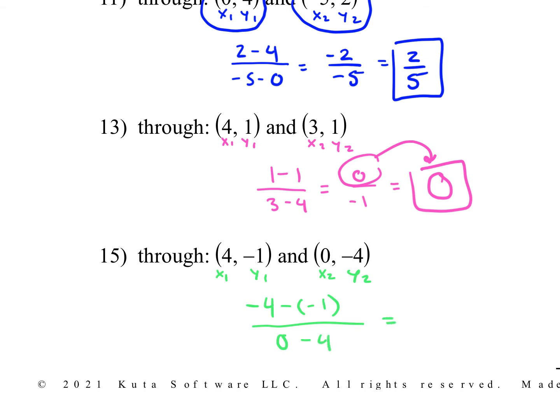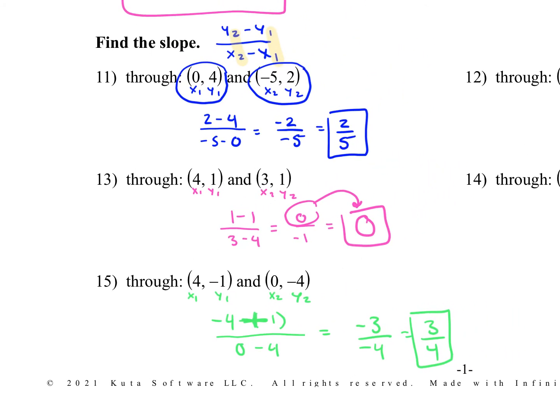What happens when you have minus a negative? It becomes a plus. This becomes a big plus sign in the middle. So negative 4 plus 1 is what? Negative 3. And what's 0 minus 4? Negative 4. Can I simplify this? Positive 3 over 4. Awesome. Do you guys have any questions there?